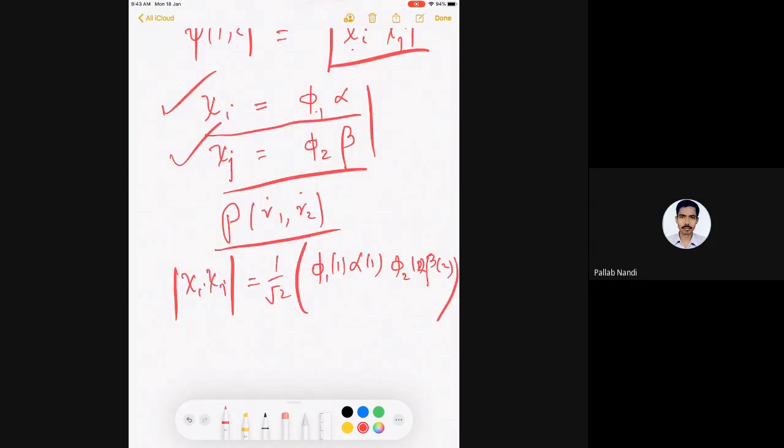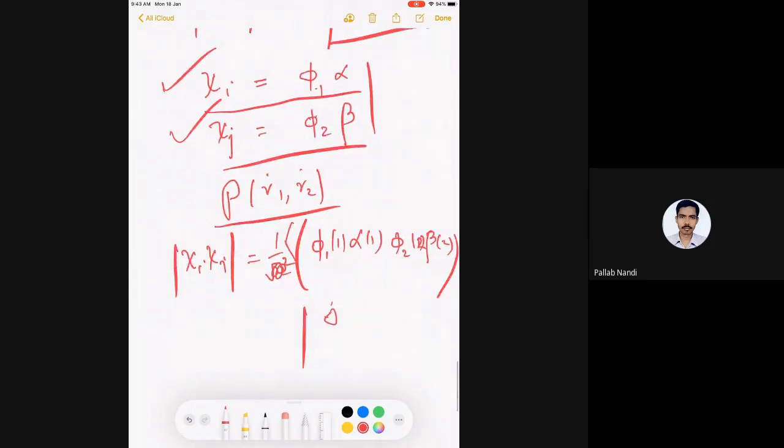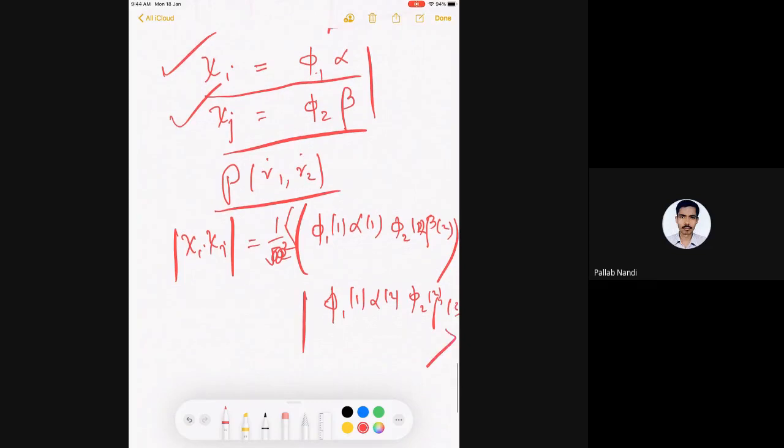Then another 1 by square root 2, so this will actually become 1 by 2. This is the conjugate, and then I have exactly the same thing: phi 1(1) alpha(1), phi 2(2) beta(2). If I write it this manner, then of course this is going to be basically the norm of the chi I, chi j. But what I want is a probability density at R1 and R2.